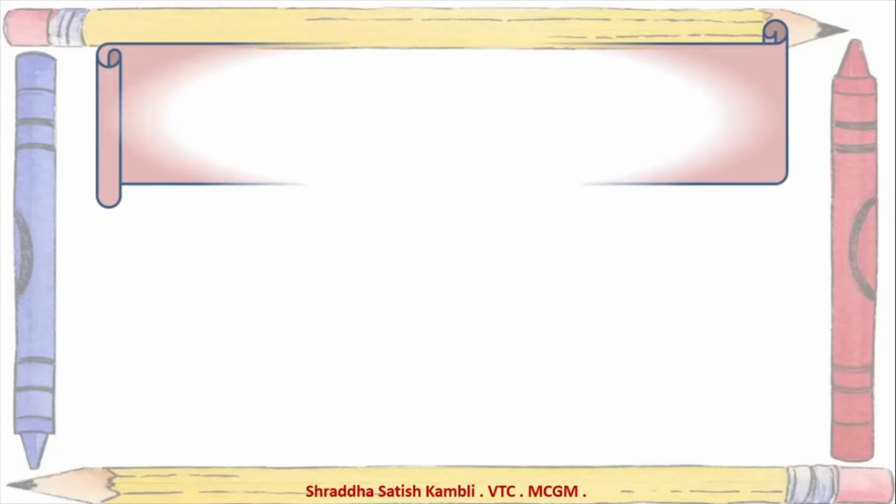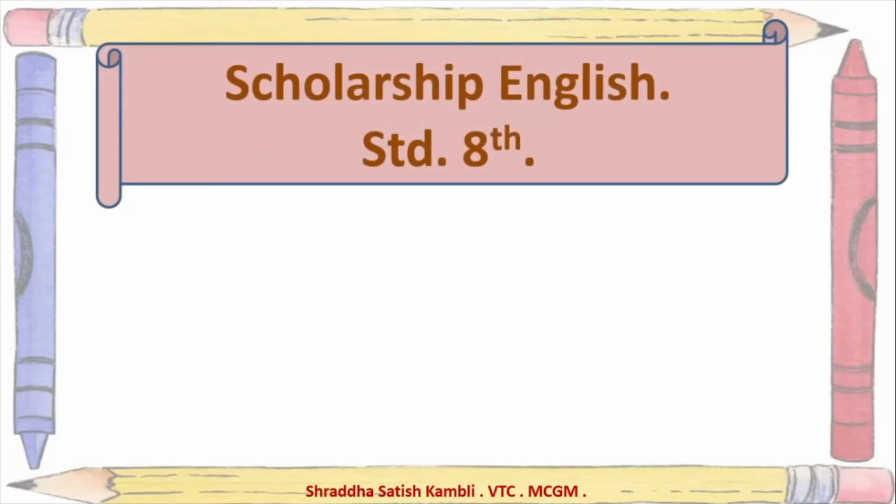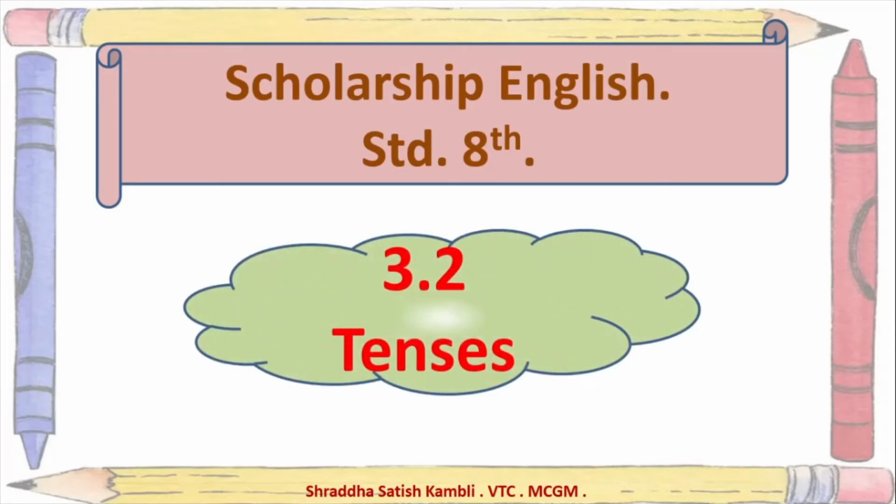Children, let's start with a new lesson in Scholarship English for Standard 8th. And as we know, we are doing the language study part now. We have moved on from the vocabulary section, and today we will be starting with the second lesson in your language study part. That is, we will talk about lesson number 3.2, that is tenses.